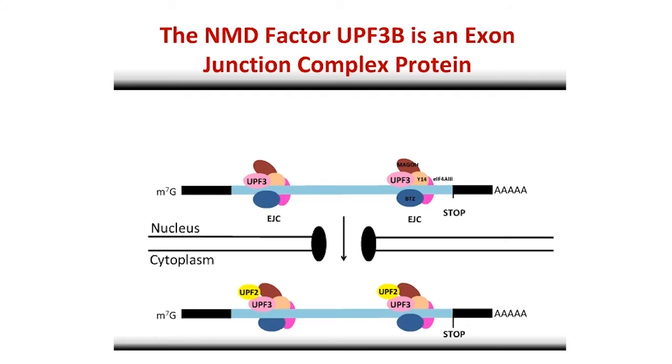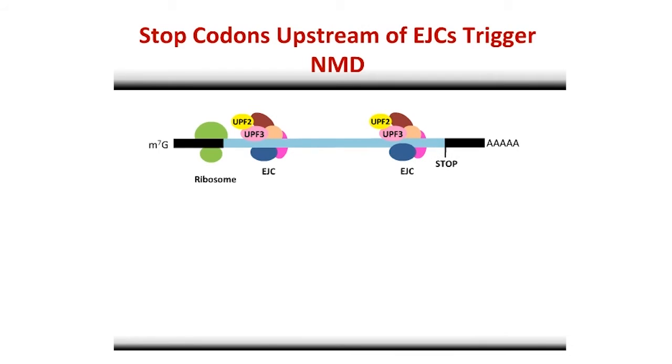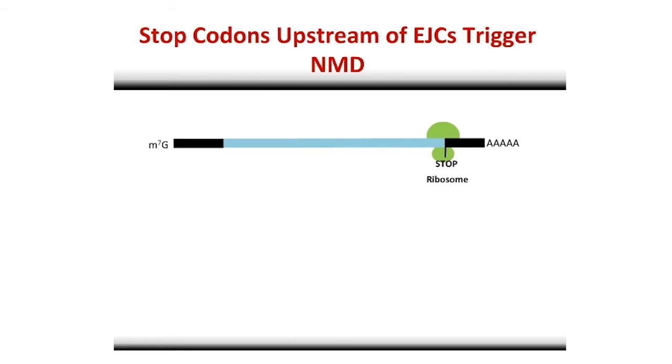When this mRNA is transported out of the nucleus, it's joined by a second core NMD factor known as UPF2. Now, in normal transcripts, during the pioneer round of translation, the ribosome scans along, and when it runs into these exon junction complexes, it displaces them.